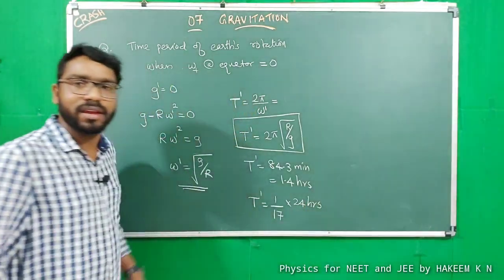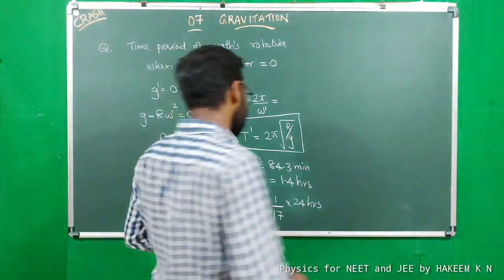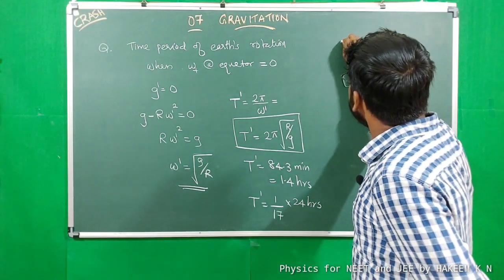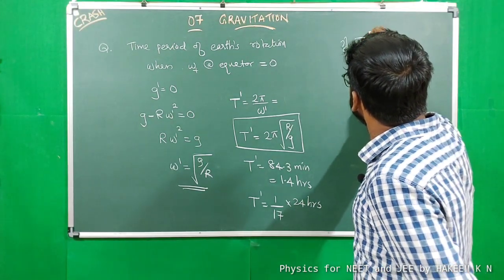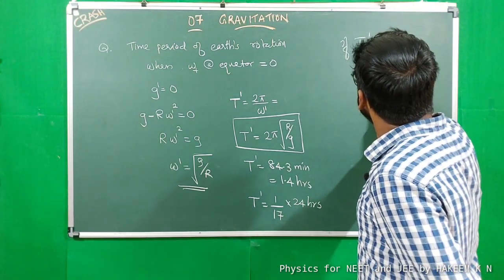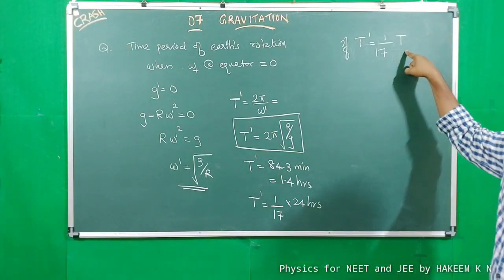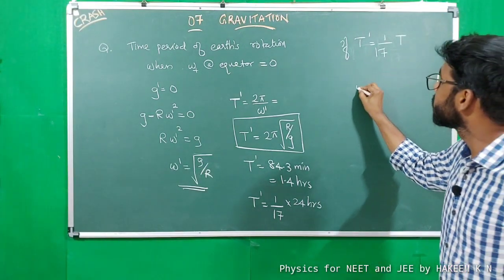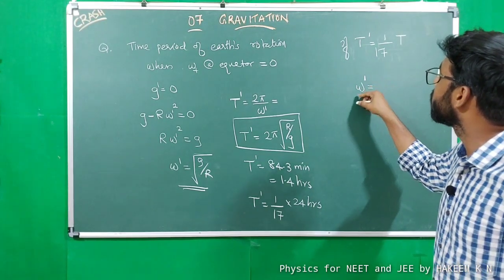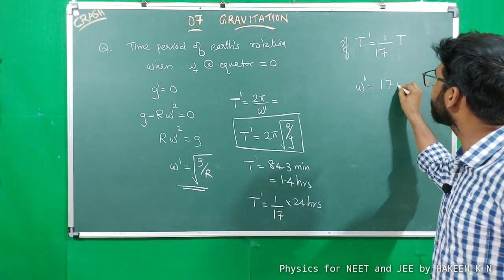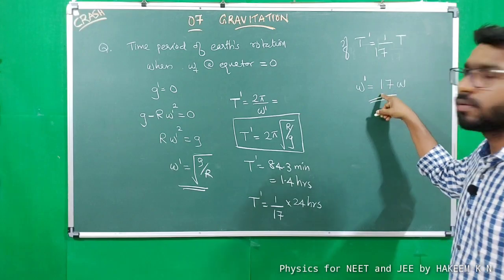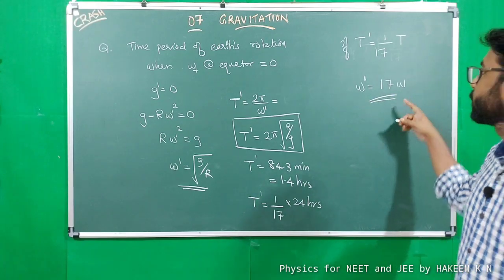If the time period becomes 1 by 17 of the current time period T, then the speed of rotation will be 17 times the current speed.